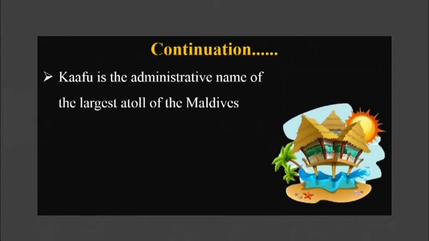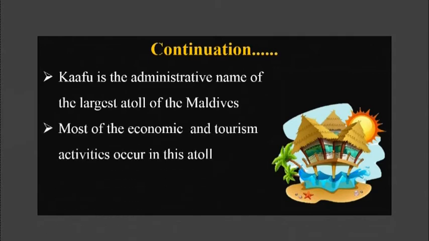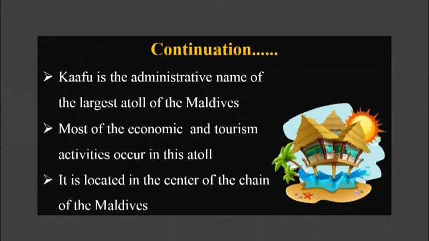Kaf is the administrative name of the largest atoll of the Maldives. Most of the economic and tourism activities occur in this atoll. It is located in the center of the chain of the Maldives.